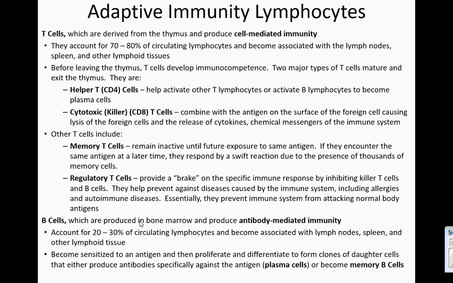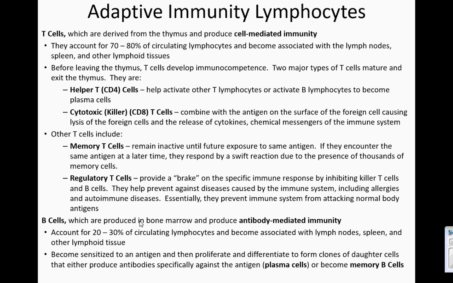The CD4 and CD8 abbreviations relate to their more biochemical classifications. But helper Ts, you can, based on their name, tell what they do. They help activate other T lymphocytes or even B lymphocytes to become plasma cells. We'll talk about plasma cells here in a second.